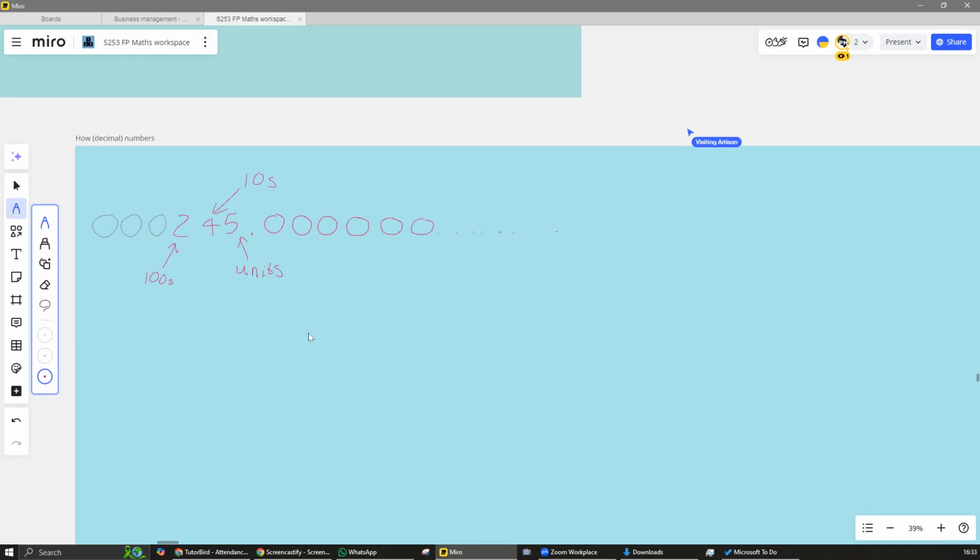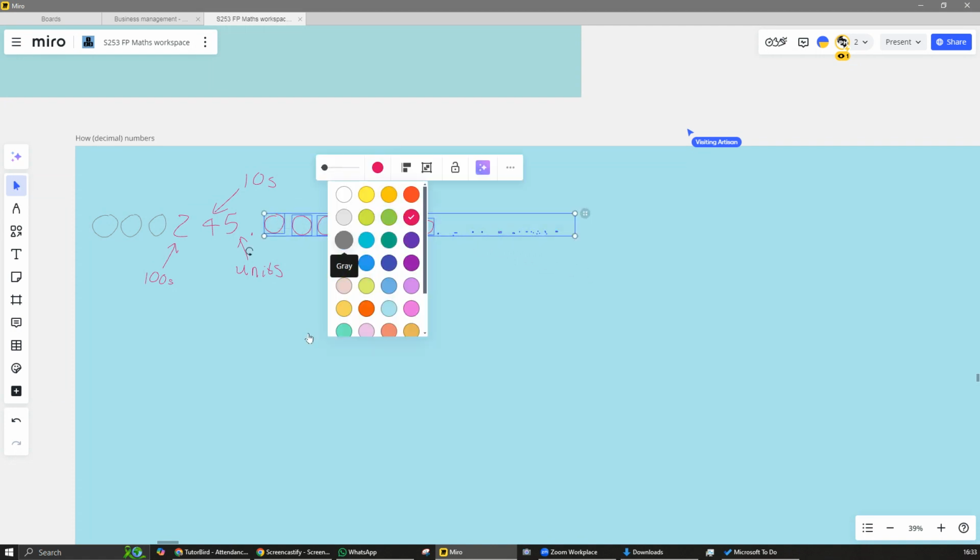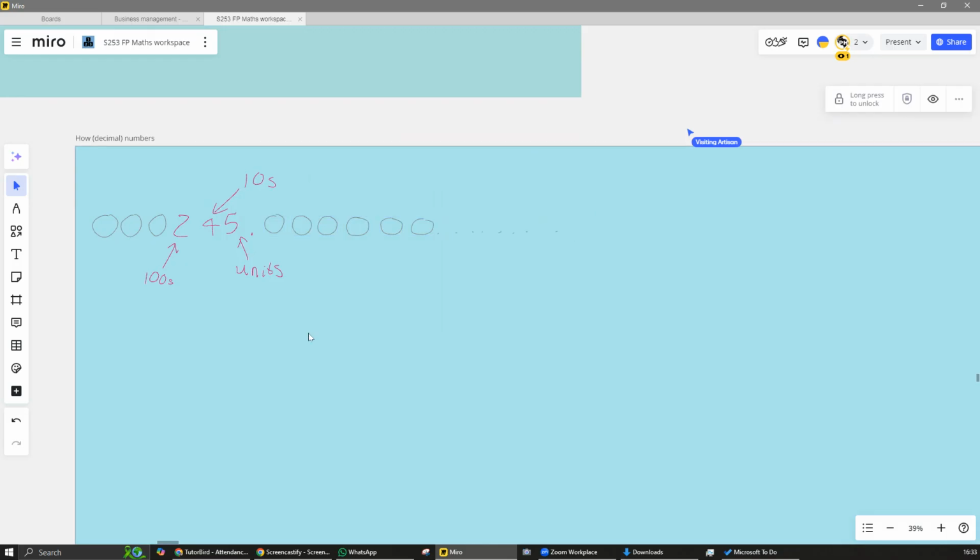So it's important to realize what these numbers mean when we write them down. So I'm going to grey those out as well. So when I write 245, I'm telling you that there are 2 100s, there are 4 tens, and there are 5 units.